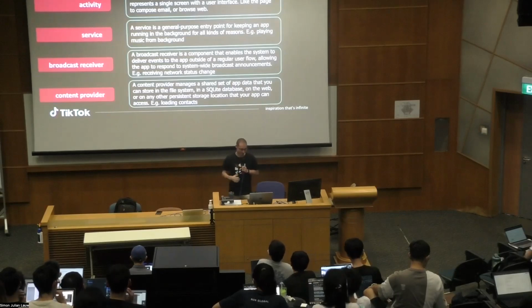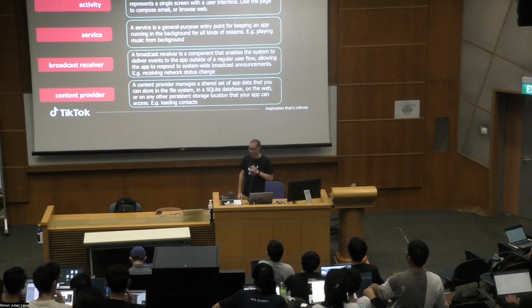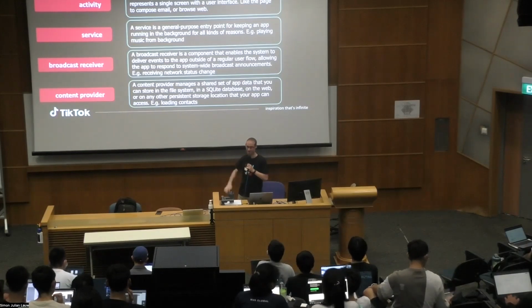We have different components. We have the activity, which is like the container. And one thing for mobile is that the resources are usually very constrained. We don't have much memory. So if I launch my application, let's say it's a music player, I'm going to play the music. If I put my application in background, my activity, my work container, will go to background.